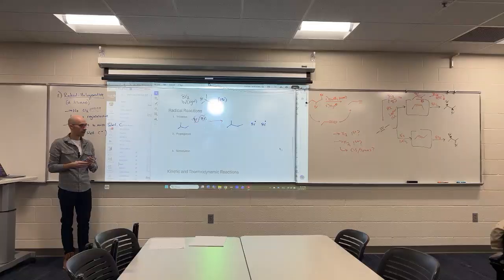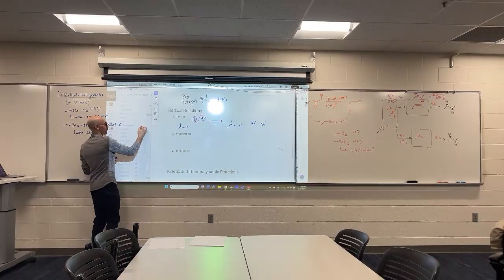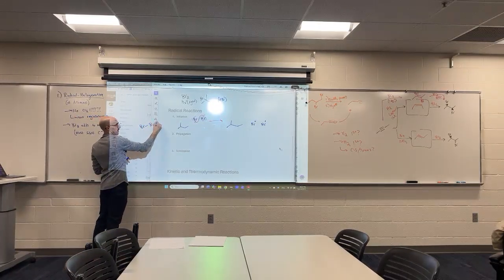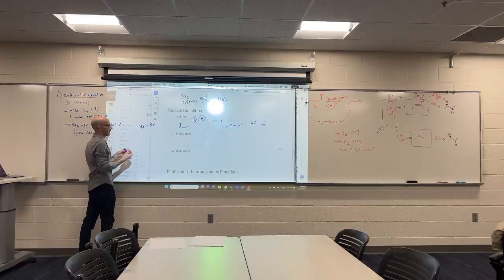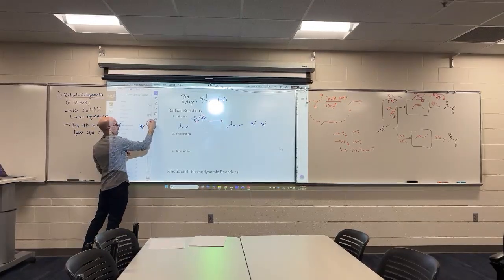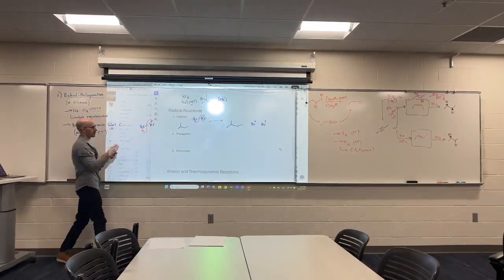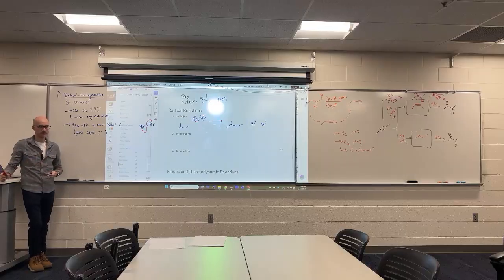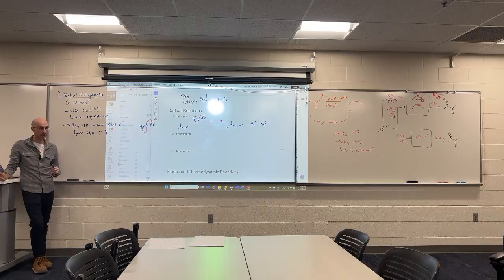Okay, one question real quick before I move on. Is what I have here drawn in red the same as this? Correct. It is the smallest detail, right? I don't want you to miss it. The way we draw our arrow indicates how many electrons we're indicating.